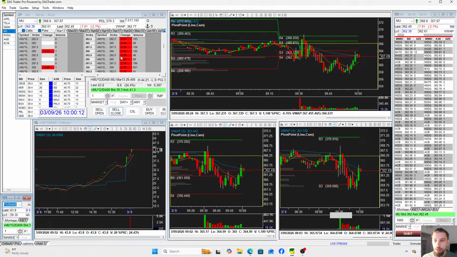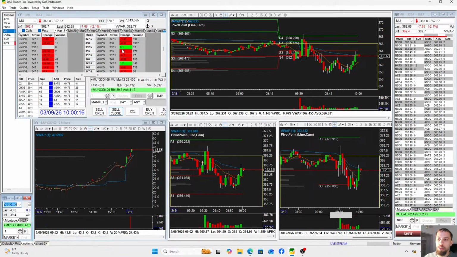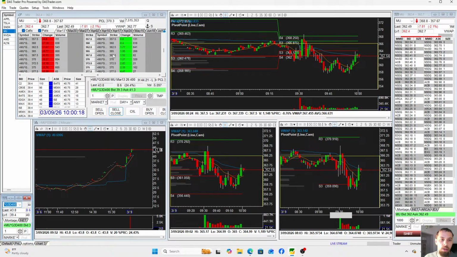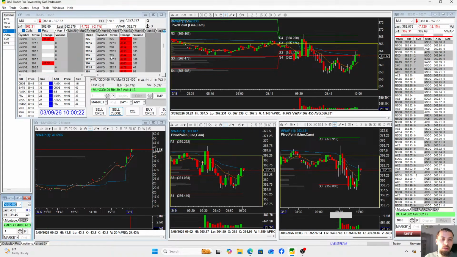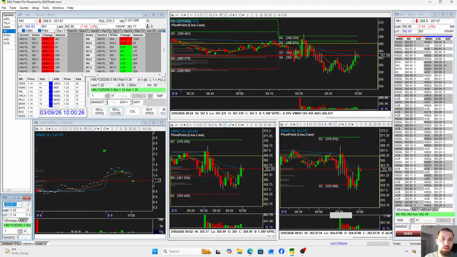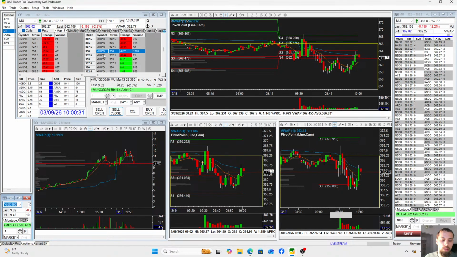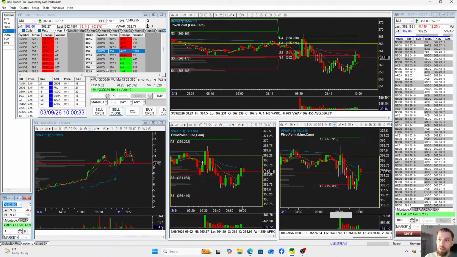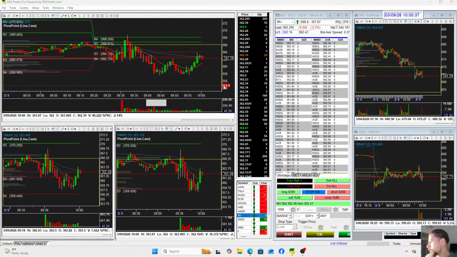Just sitting, waiting, watching, guys. Seeing what the price action does here. I'd love to see it test the box. Let's go back to this chart here.